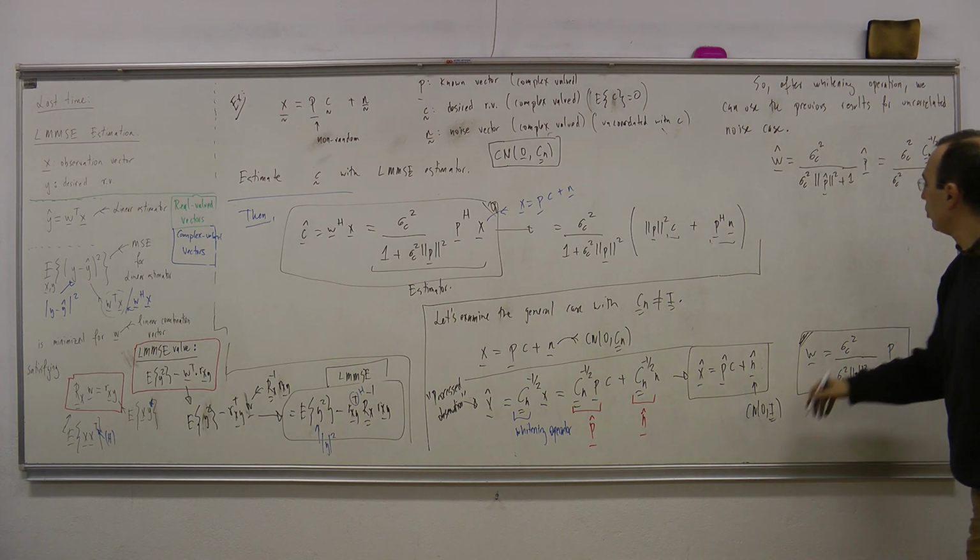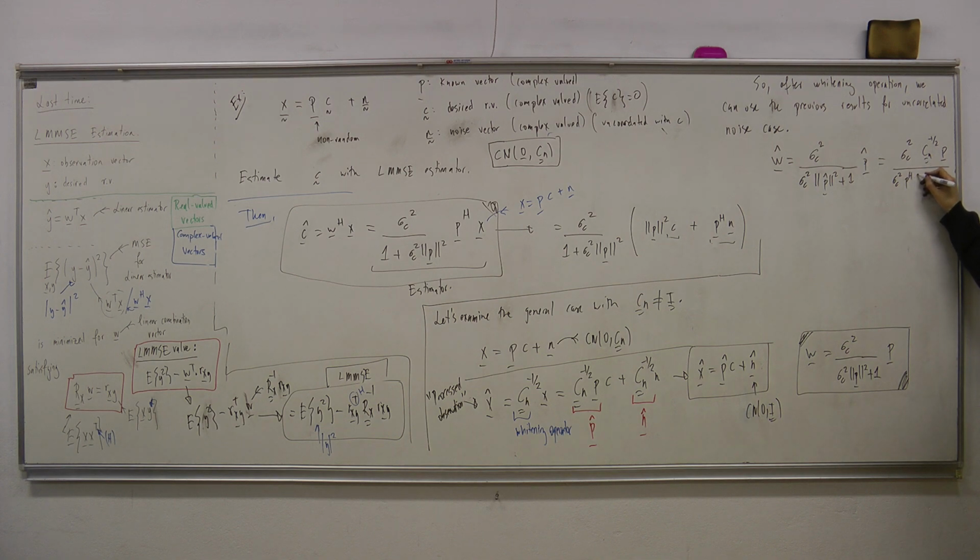So what is the norm of this? This is P Hermitian Cn minus 1 P plus 1.